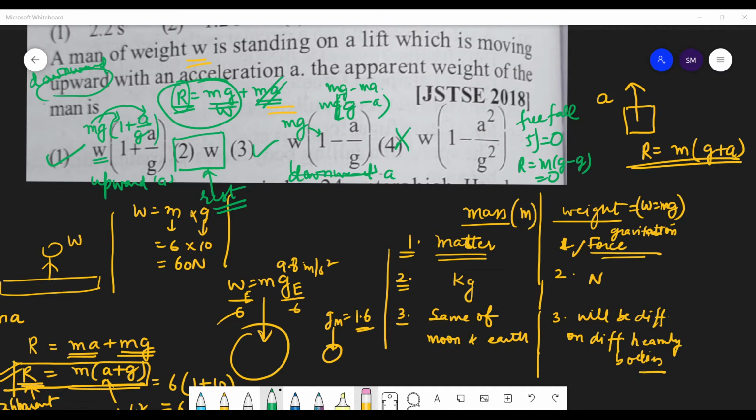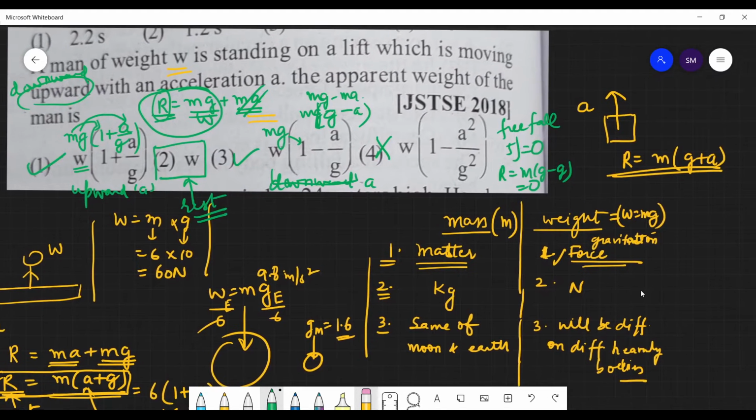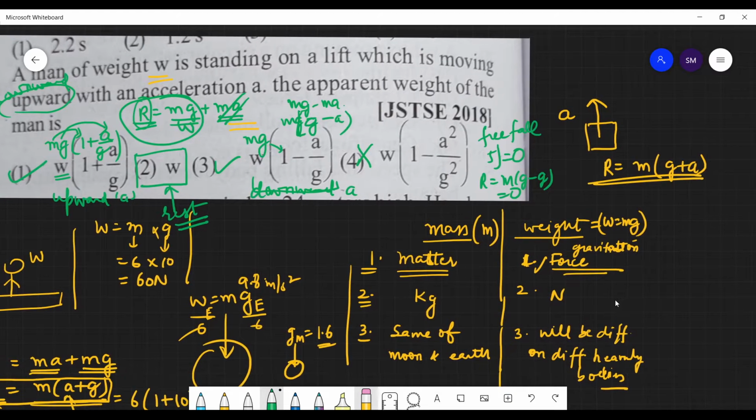Very, very important concept. Everybody has noted it down? Shall we move forward? Yes, sir. Okay.